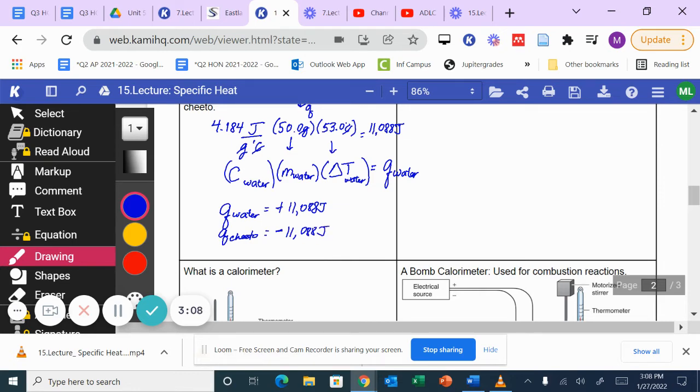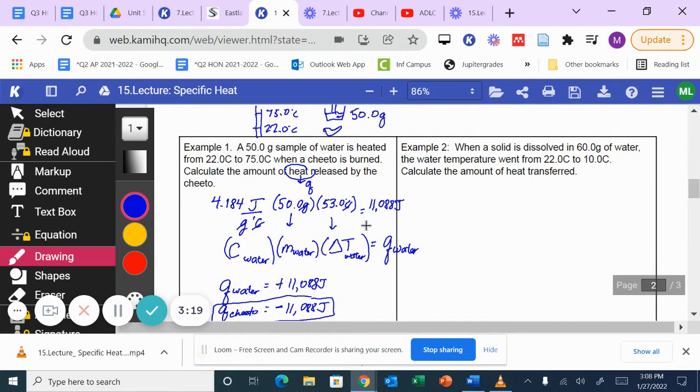By trapping the heat into the water, we're able to measure the heat that left the Cheeto. So when they ask you to calculate the amount of heat released by the Cheeto, it's negative 11,088 joules.